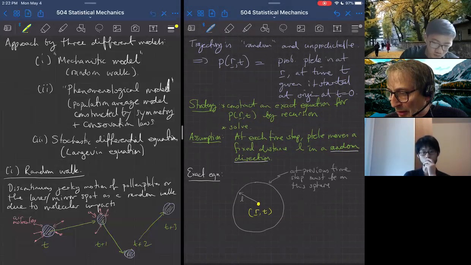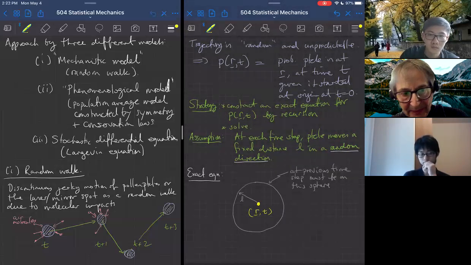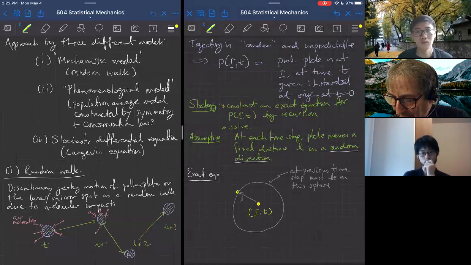And let's suppose that the particle was somewhere on that sphere. So let's say that it was here. This would be r minus l times the unit vector in this particular direction.